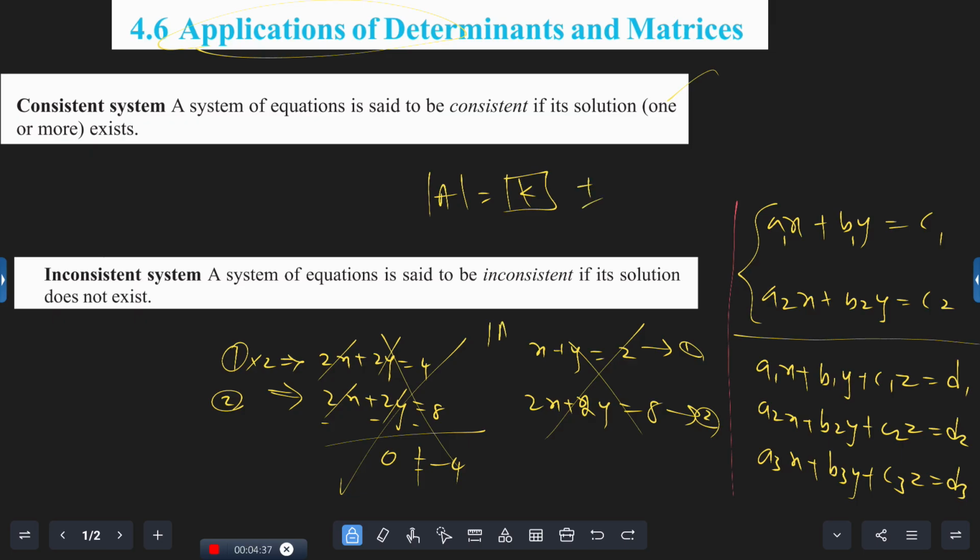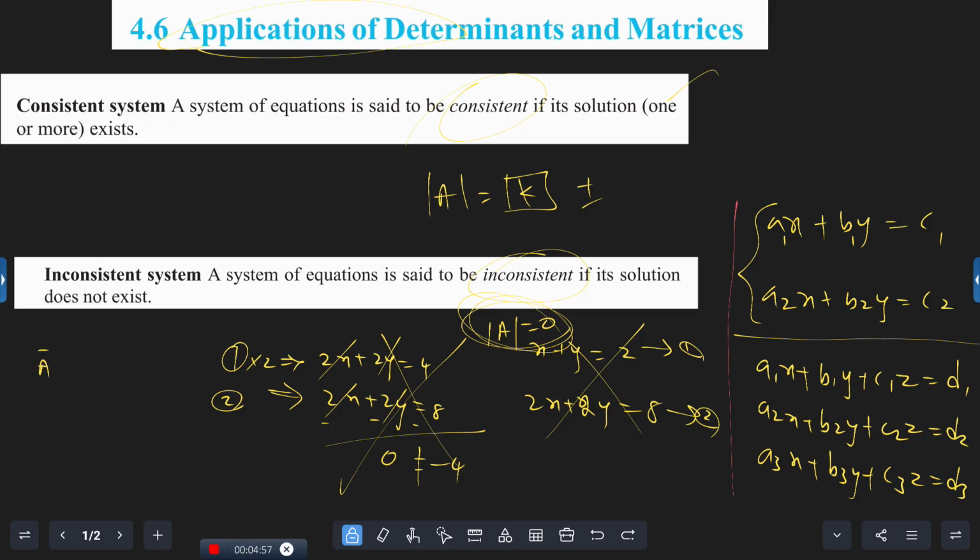But if 0 comes, it will come under inconsistent. If determinant A is not equal to 0, it is called consistent. Have you understood consistent and inconsistent? So why, sir, are we saying determinant of A equal to 0 is inconsistent?